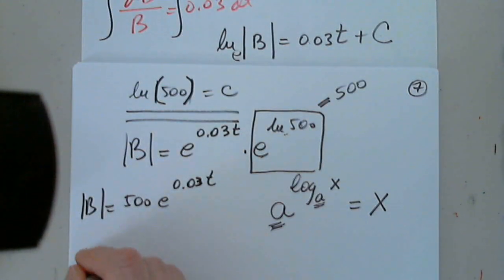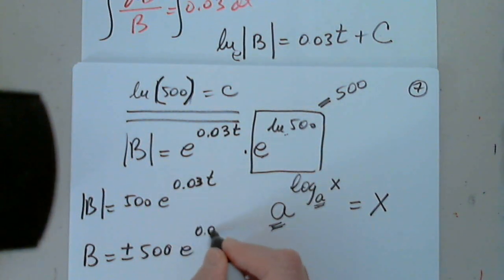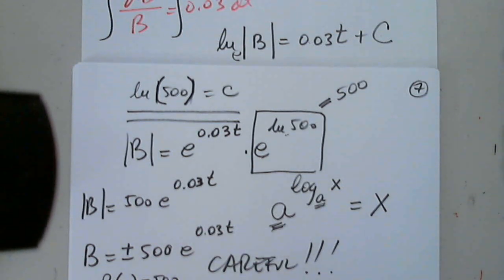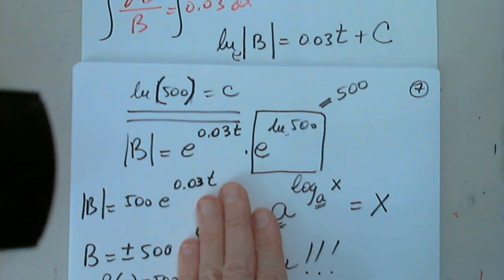And now I have to write b equals plus or minus 500 e to 0.03 t, from the absolute value. But now careful, because we were told that b of 0 is 500. So please plug in 0 here and tell me what you get. When we plug in 0, the exponential is 1, and we have to get only positive 500.